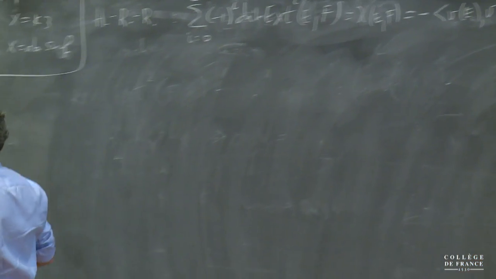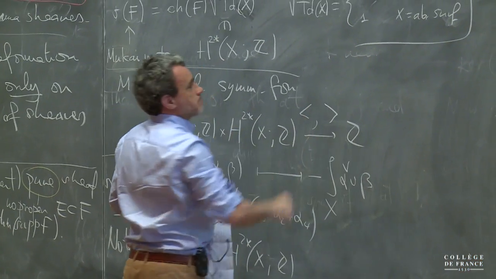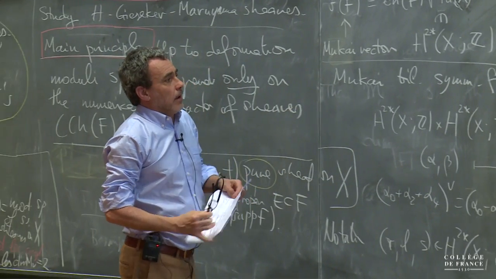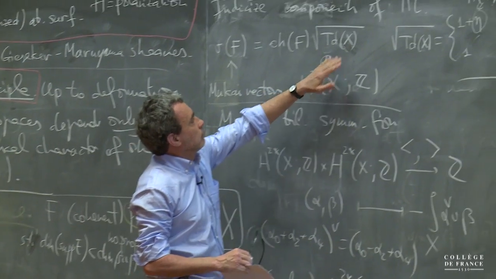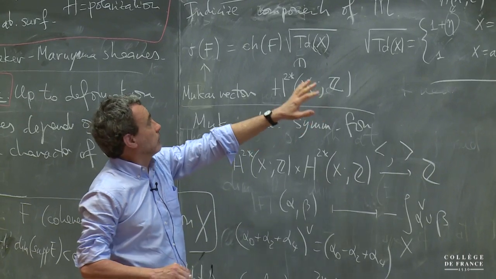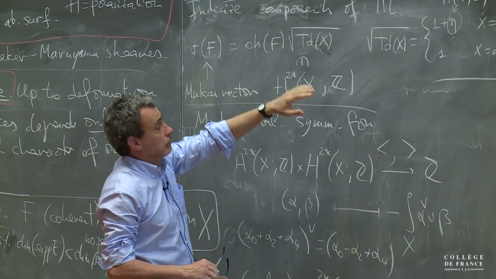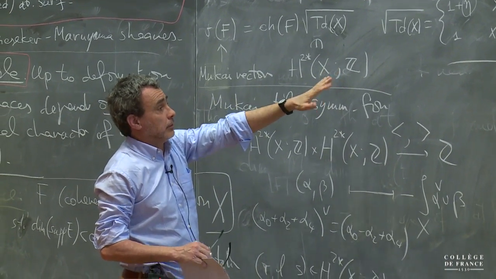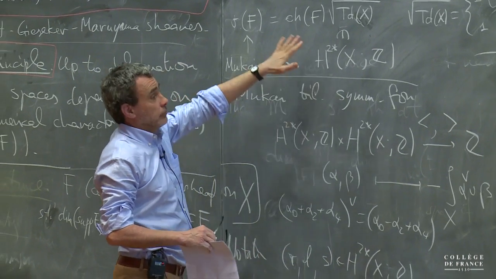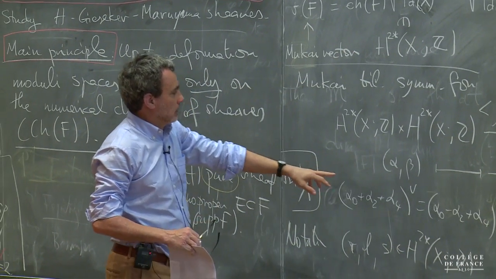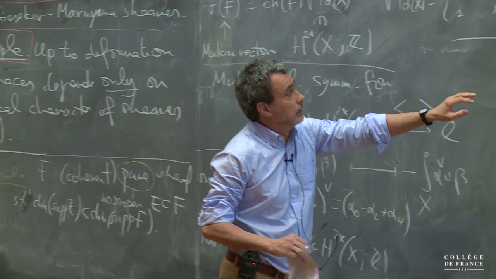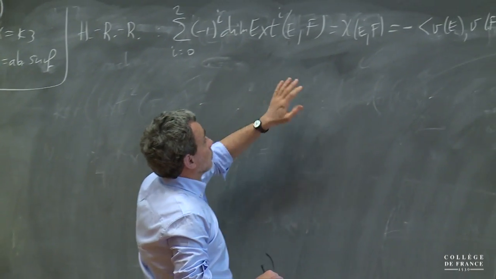So this we denote. That's why we had the square root of Todd. So when you multiply, you get two of these, you get Todd of X, and that's what Hirzebruch-Riemann-Roch gives you. And the dual here is because this comes with a dual.